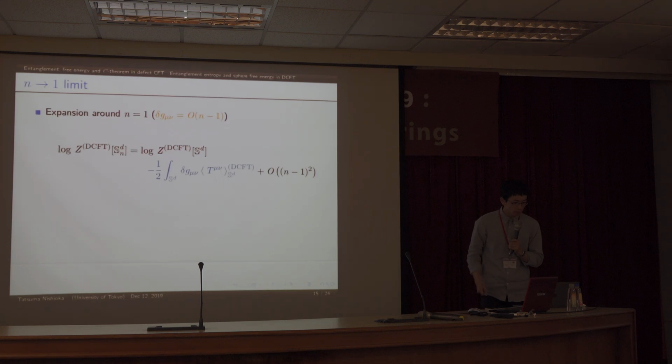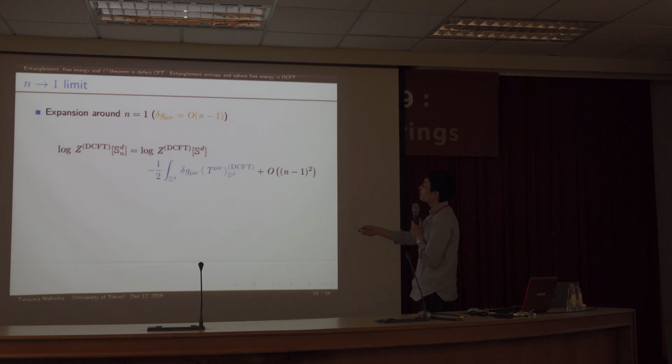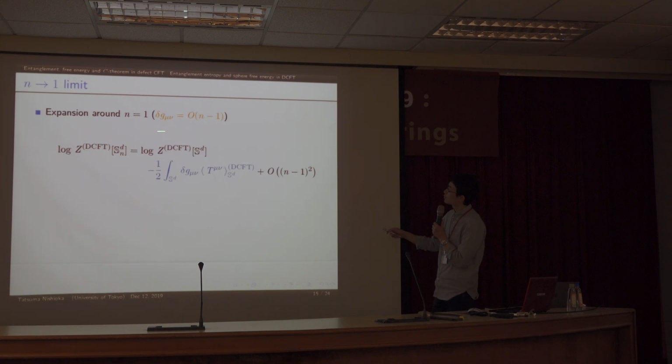Okay, now we are interested in the n goes to 1 limit. So let's take the n goes to 1 limit. On the sphere coordinates, it's easy to take the n goes to 1 limit. First you expand the sphere metric. The metric is very close to the sphere, and the deviation of the metric is just order n minus 1.